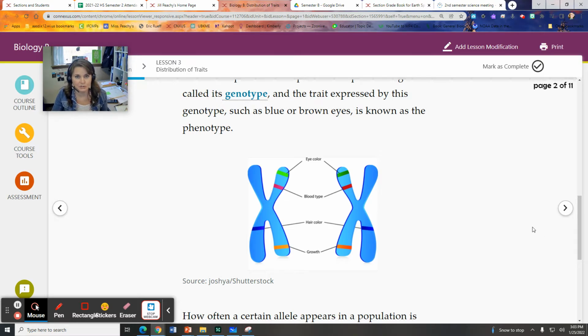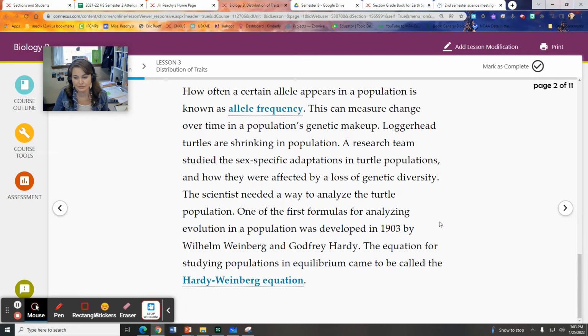So we can look at the allele frequency of certain traits, and we can determine whether a population is in fact evolving. If we see a change in that allele frequency over many, many generations, we can conclude that evolution is happening.